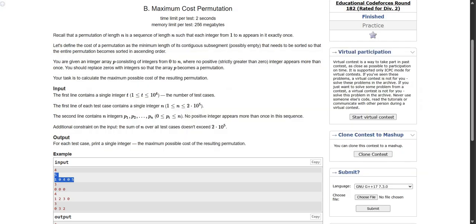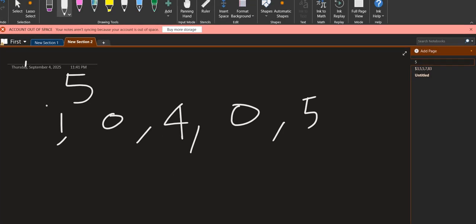It is also said that whatever non-zero values are given inside the initial array will always be unique, so no duplicate non-zero values. But there can be multiple 0s.